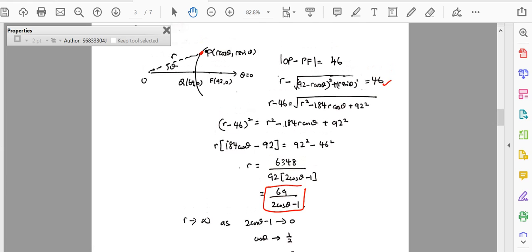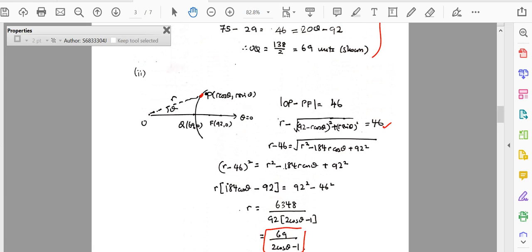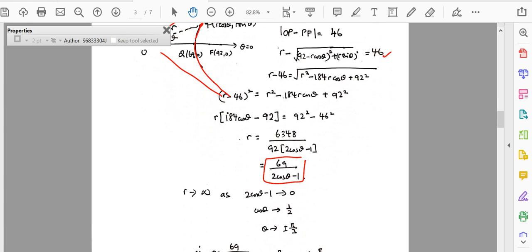The question mentioned domain. The reason is because we do know that the hyperbola has an asymptote, which means that as you extend the graph, we are going to expect the graph to be tending towards some kind of a line. So how do we determine this asymptote? If you look at the expression of r, the asymptote comes about when 2 cos theta minus 1 tends to 0.